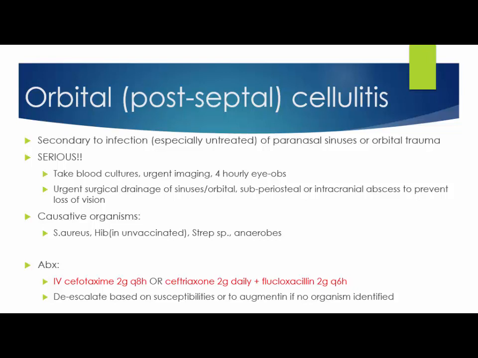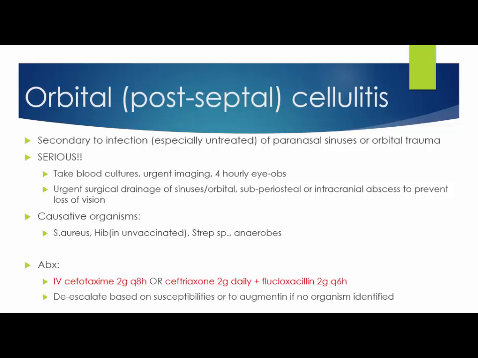Sometimes you can get anaerobes at play if it's spread from, for example, a dental abscess. So they get treatment quite broadly with ceftriaxone and flucloxacillin. So you want to cover the staph with the fluclox, but the ceftriaxone will give you some Haemophilus cover. Most of the oral anaerobes are quite susceptible to penicillins and ceftriaxone, so you probably get away without metronidazole, but sometimes that does need to be added in.